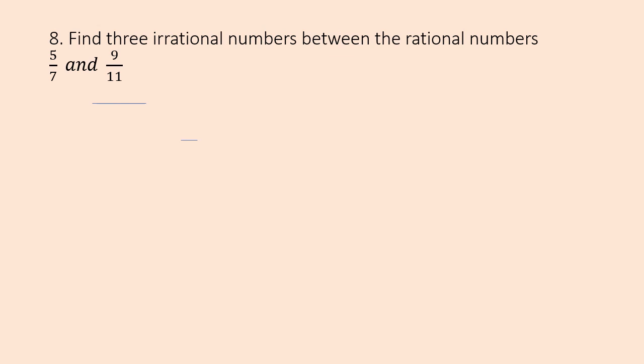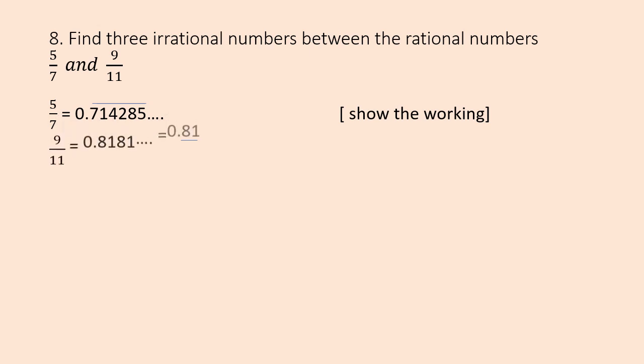So the first step is to find the decimal expansion of 5 upon 7 by the long division method. You will get 5 upon 7 as 0.714285 bar. In the same way, 9 upon 11 is 0.8181 etc., that is 0.81 bar. You have to show the working of the long division method.